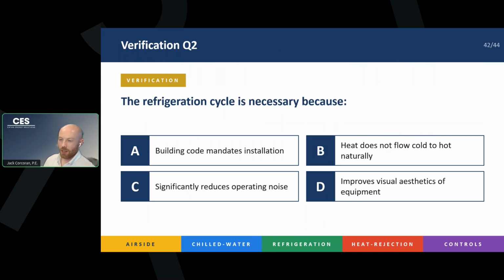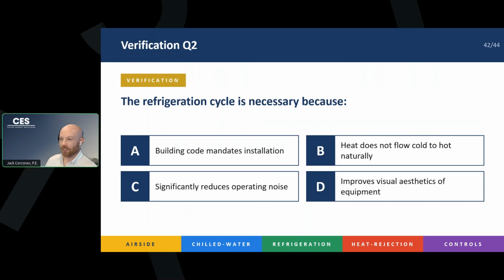Question 2. The refrigeration cycle is necessary because A, building code mandates it. B, heat does not flow cold to hot naturally. C, it significantly reduces operating noise. Or D, improves visual aesthetics of equipment.